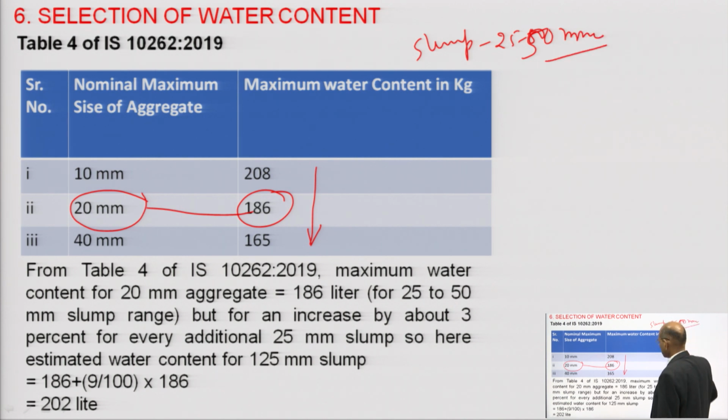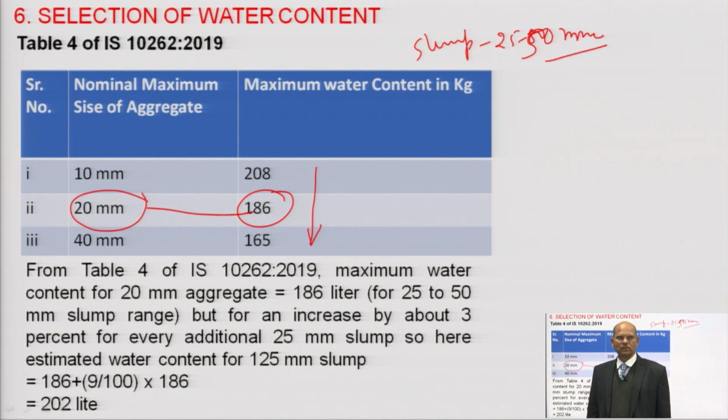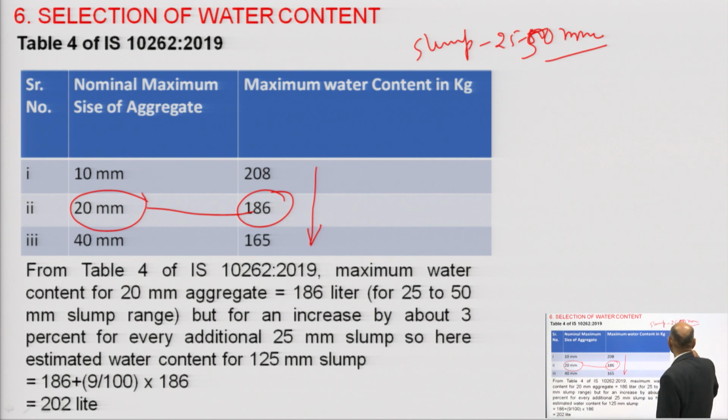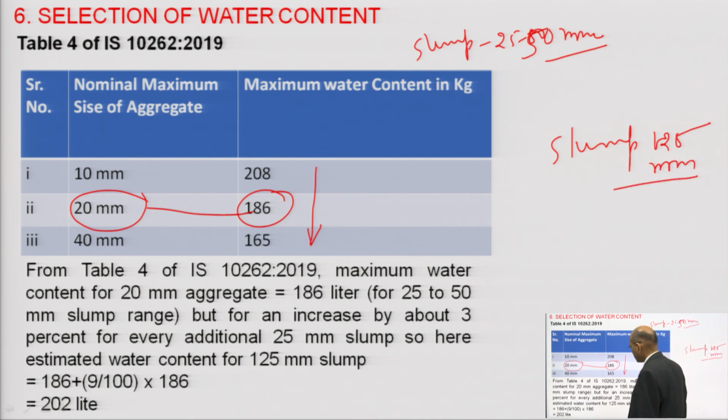But in our case, it is pumpable concrete, and the slump requirement is 125 mm. So, we have to change this value. The table says: for the 25 to 50 mm slump range, increase by about 3% for every additional 25 mm slump.